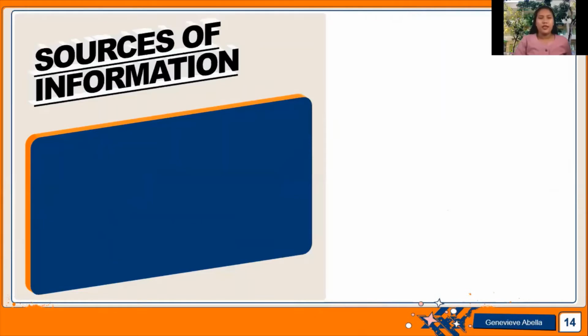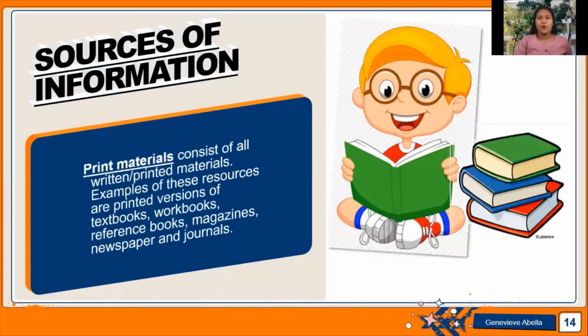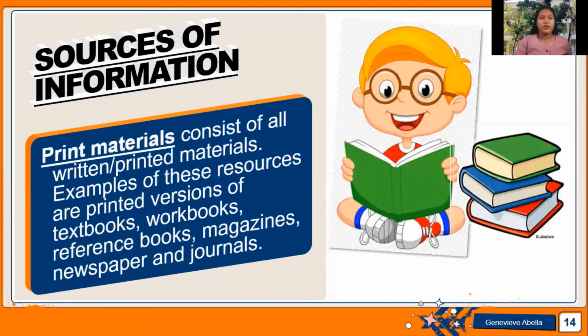So basically, there are different sources of information. Let us know the different sources of information. First is this picture. We have the print materials. These print materials consist of all written or printed materials.